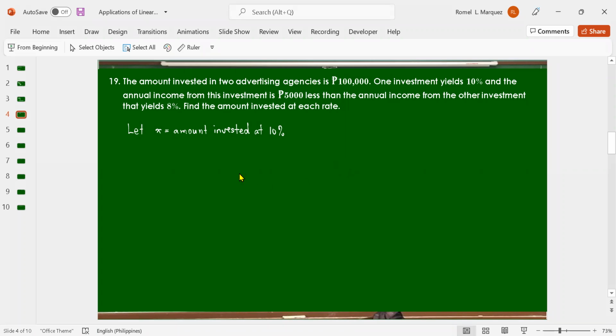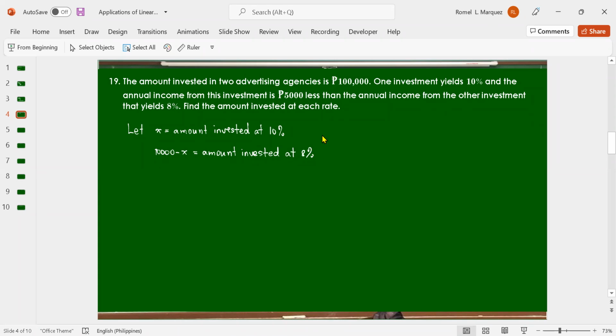So the 10,000 minus X is the amount invested at 8%.